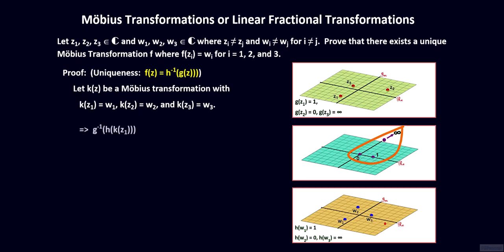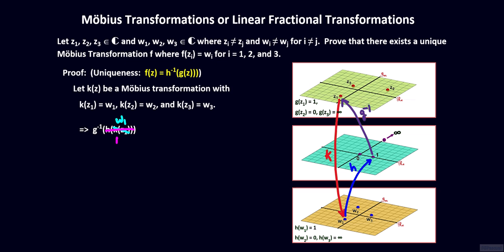Let's examine G inverse of H of K of z sub 1. K of z sub 1 is w sub 1. H of w sub 1 is 1. G inverse of 1 is z sub 1.